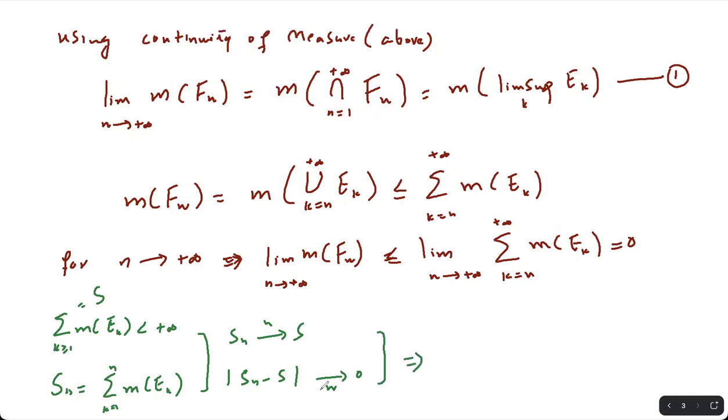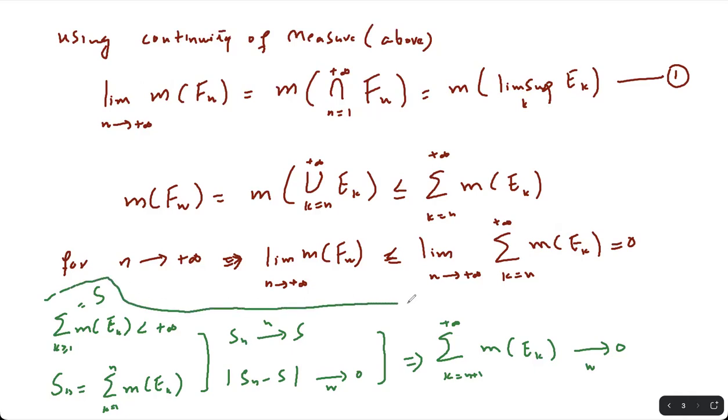It means that S minus Sn is exactly equal to the summation k is equal to n plus 1 to plus infinity of measure of Ek, which approaches 0 as n approaches infinity, because from the infinite sum you are subtracting the first n terms. So this is exactly equal to the error of the series, and this is 0. This green part is just an explanation, and these are just basic notions of series and nothing more.